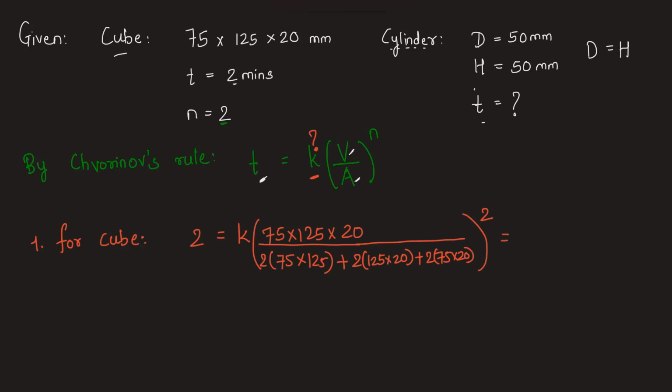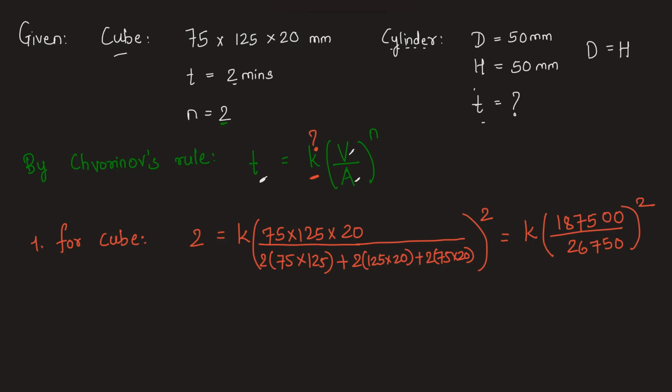This turns out to be K into numerator 187,500 mm cubed divided by the surface area, which turns out to be 26,750 mm squared, to the power 2.